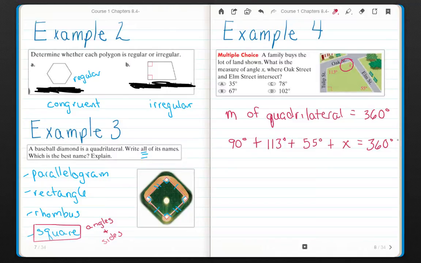360 degrees. So 90 plus 113 plus 55 is 258 plus X. And notice I'm including the degrees sign on all of these. You need to as well. 360 degrees. Subtract 258 from both sides.